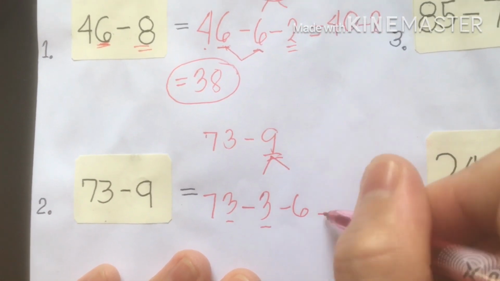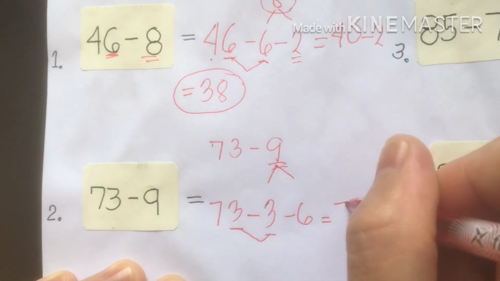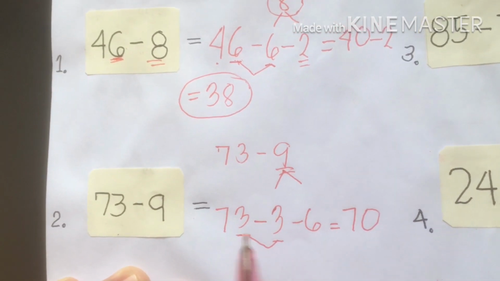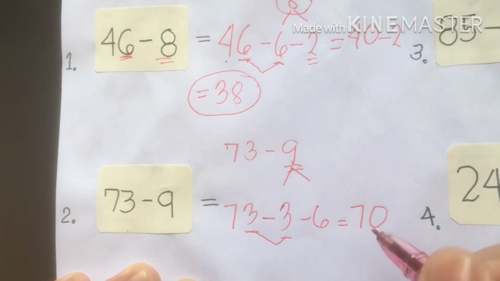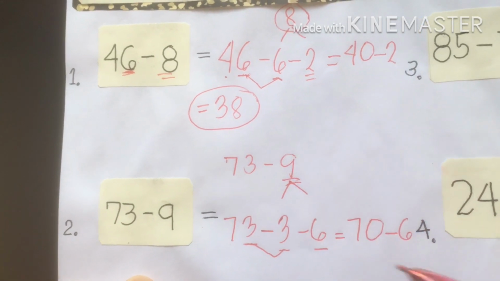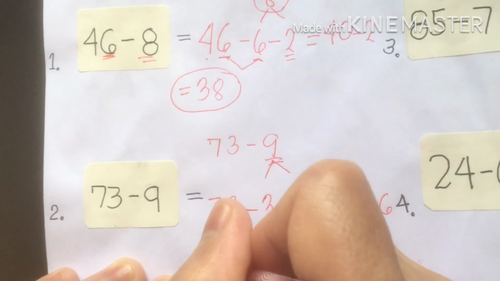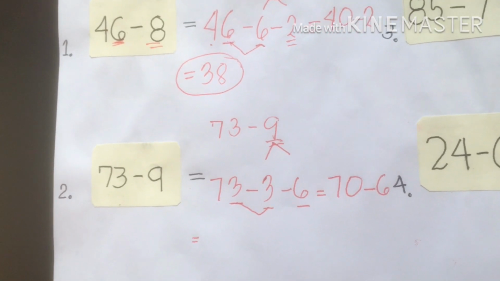We subtract 3 minus 3, which is 0, so we have 70. Copy the number 7 here, then subtract the next digit, which is 6. So you're going to think 70 minus 6.